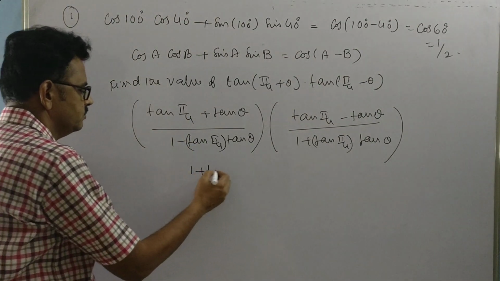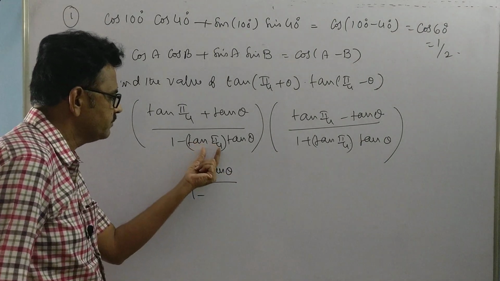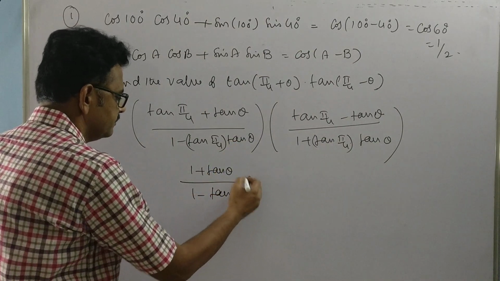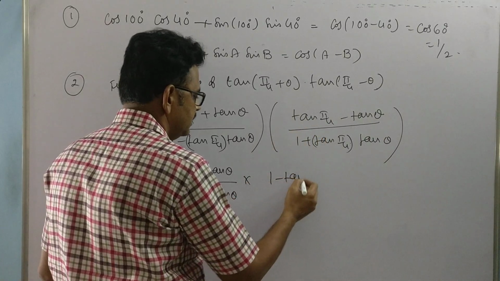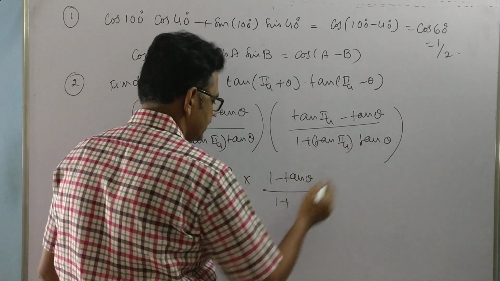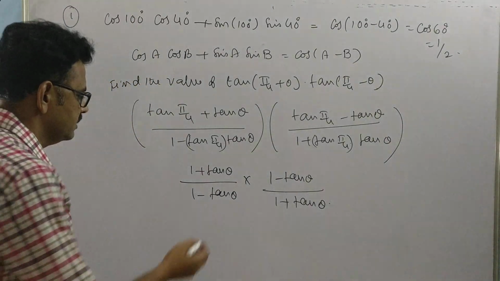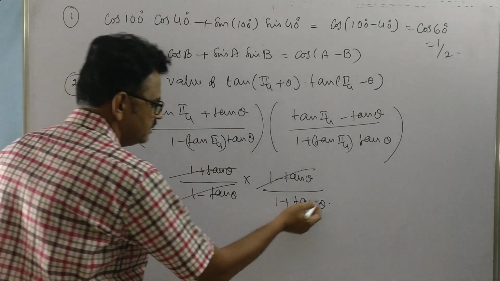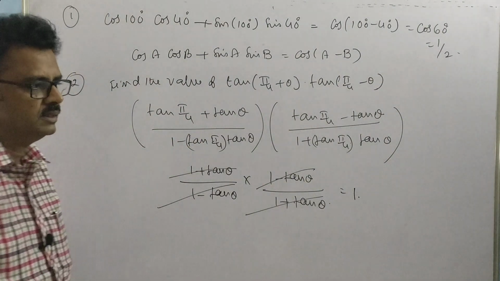So this is 1 plus tan theta by 1 minus 1 into tan theta, times 1 minus tan theta by 1 plus 1 into tan theta. So 1 minus tan theta cancels, 1 plus tan theta gets cancelled. So 1 is the answer.